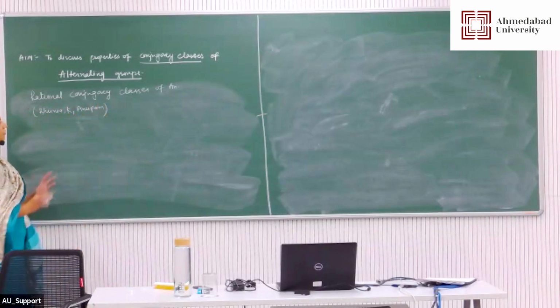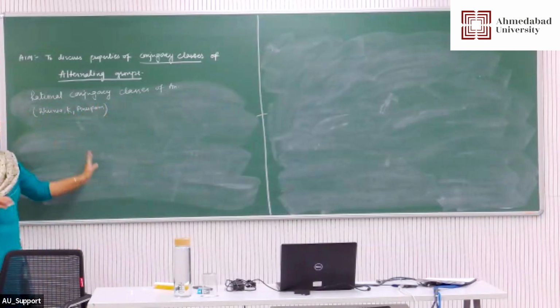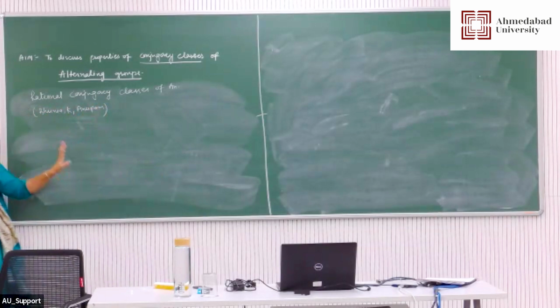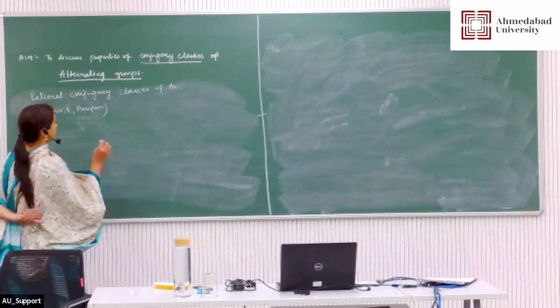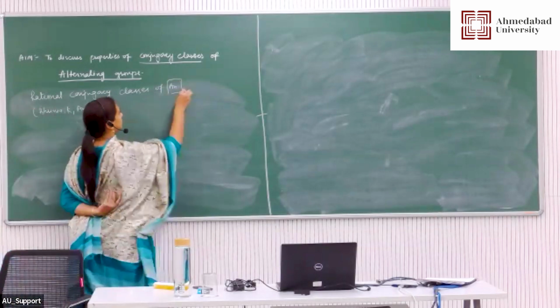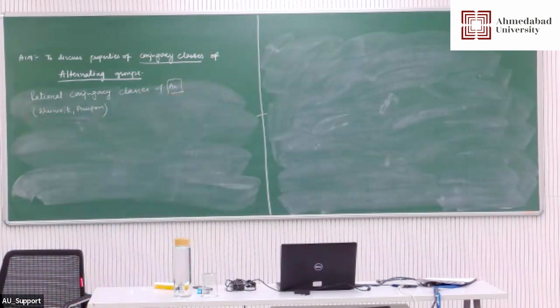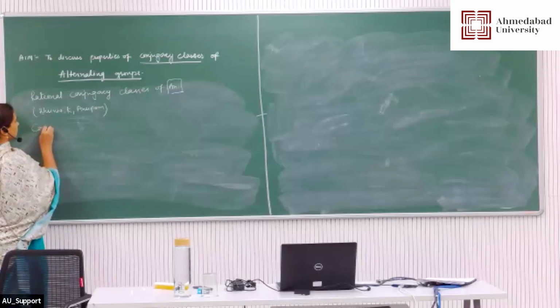But after this, due to time constraint, I may not go towards the representation theory side. I will mainly stick to the conjugacy classes side of the alternating group. Now to understand any properties of conjugacy classes of An, first we need to understand the conjugacy classes of An. So we'll discuss the conjugacy classes of An.